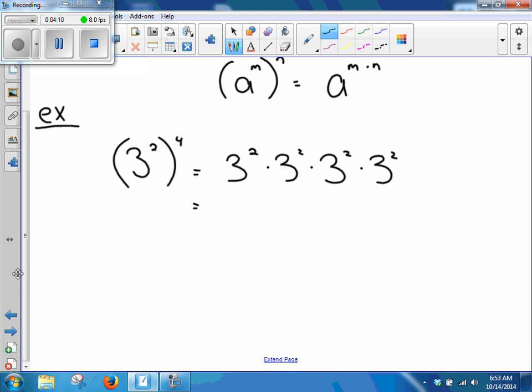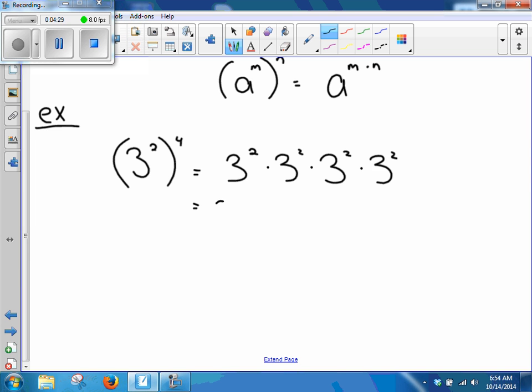Now I have the same base, the same real number, 3, and I have 4 of them, all being raised to the 2nd power. So I can either remember the previous rule with the product of powers and add those exponents, or I can literally lay this out.